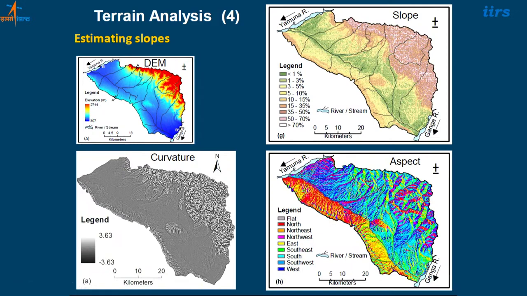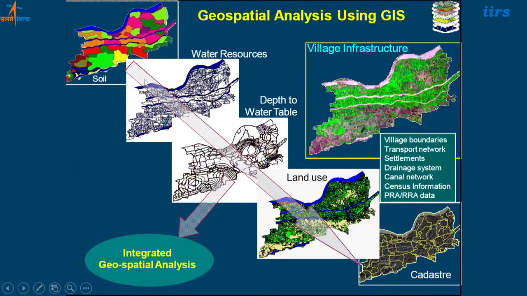Southeast direction is suitable for many things. Houses are basically constructed in the southern aspect because there is sunlight. So aspect information also becomes very useful for geospatial analysis. You should try to write some Python code for converting this DEM and deriving these different parameters from the elevation model.